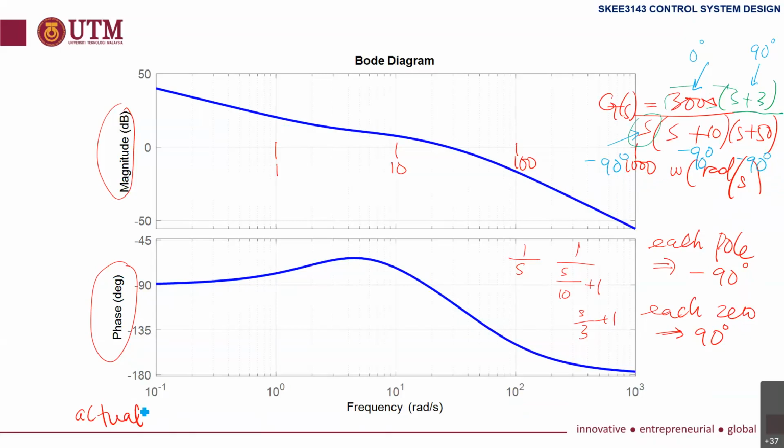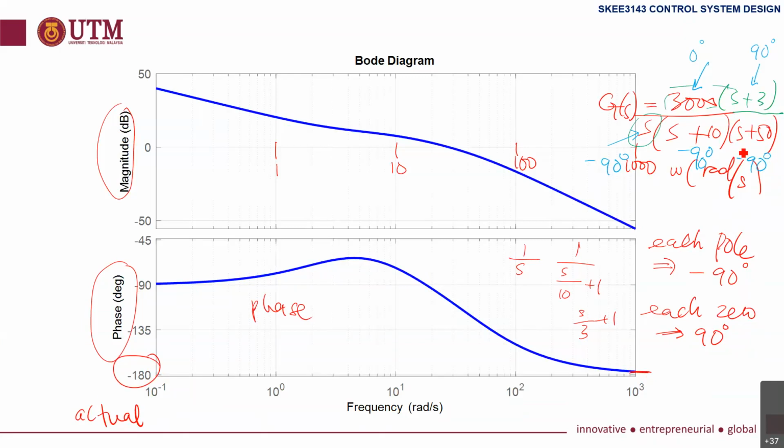So it is reflected here. You see here the phase graph. It starts from minus 90, then finally it goes to minus 180 degrees. This is because the transfer function has 1 zero and 3 poles.